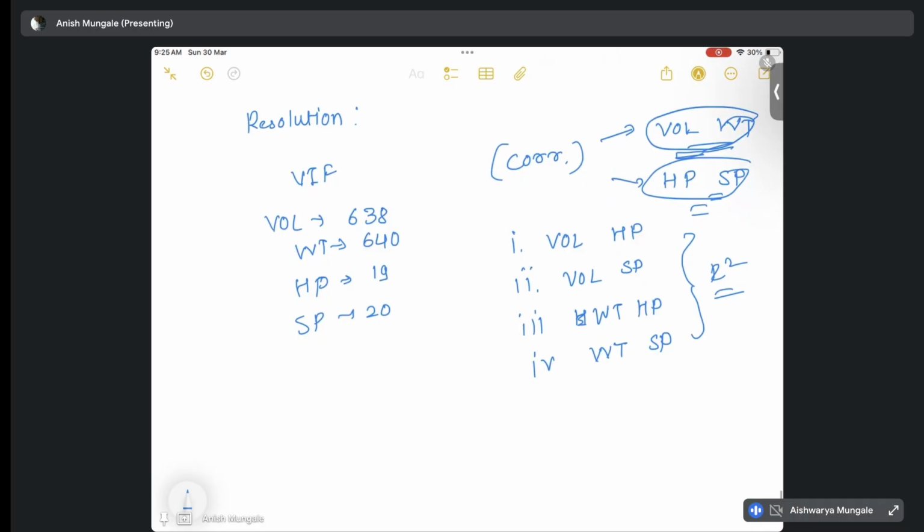So out of these dependent variables, we are dropping one. But which one to drop? In order to choose, we will have all the combinations, build the model with all four possible combinations, and whichever works best, keep that and discard the rest. Clear?